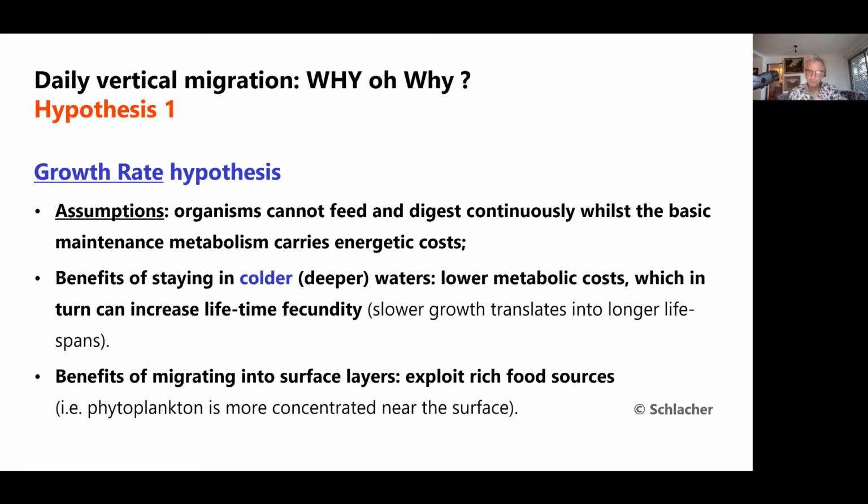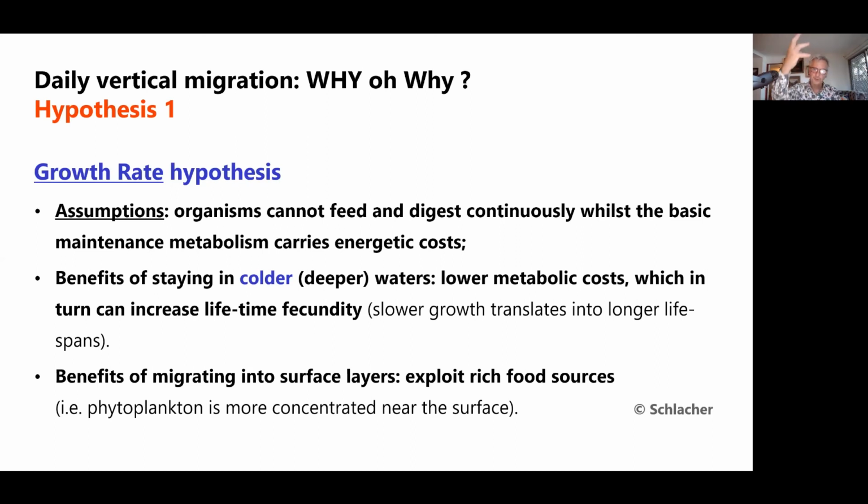So what you might do is, because the deeper layers of the ocean are colder, you could derive a benefit from staying in colder waters when you're not feeding, migrate to the surface, feed, and then go down again, because that slower growth translates into longer lifespan, and longer lifespan means a greater probability of producing young.